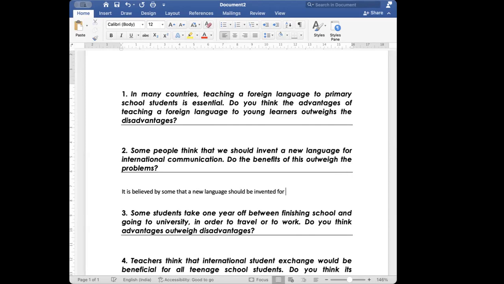Invention and discovery, what is the difference? Invention is making new things, and discovery is finding things which are already existing. It is believed by some that a new language should be invented for global communication.